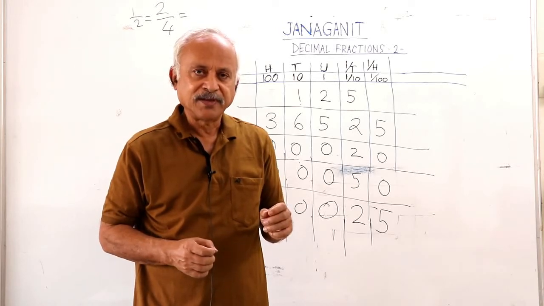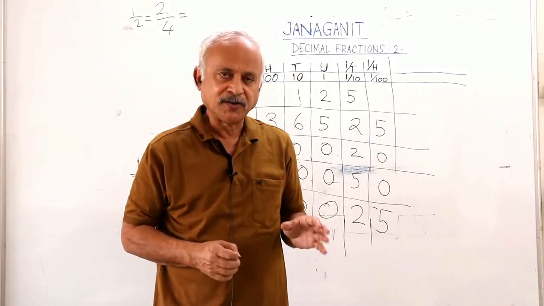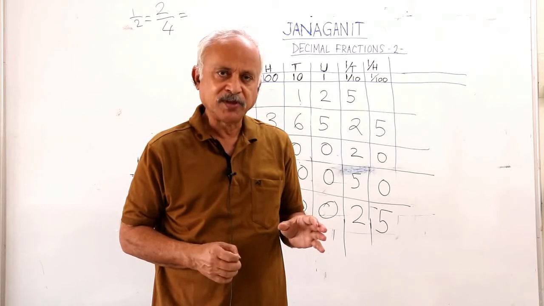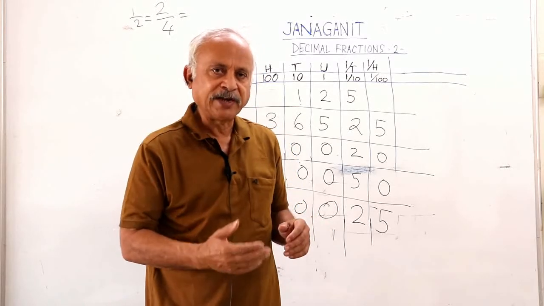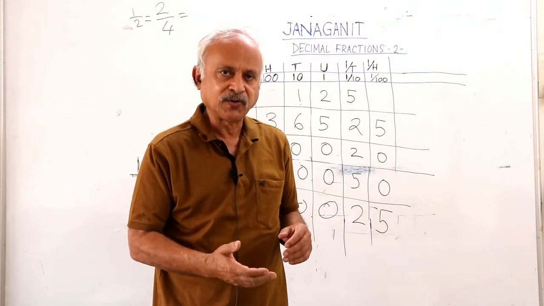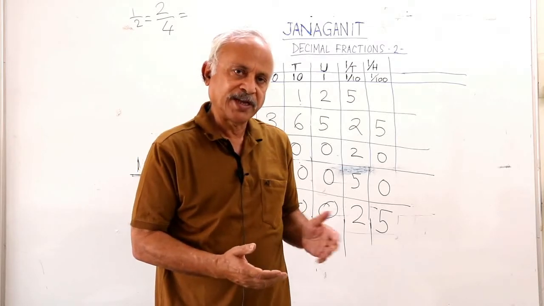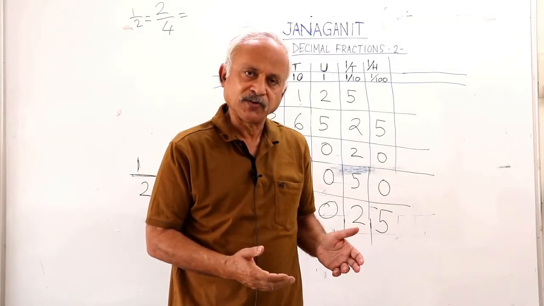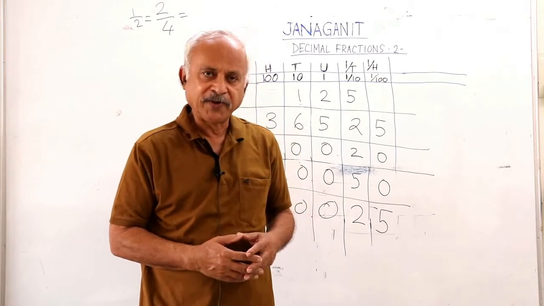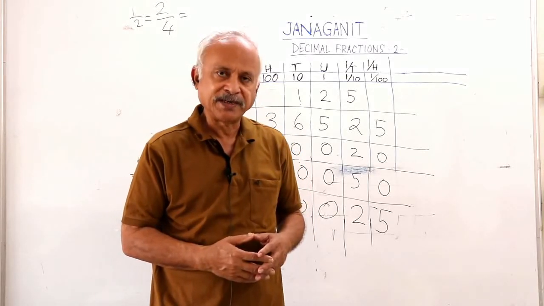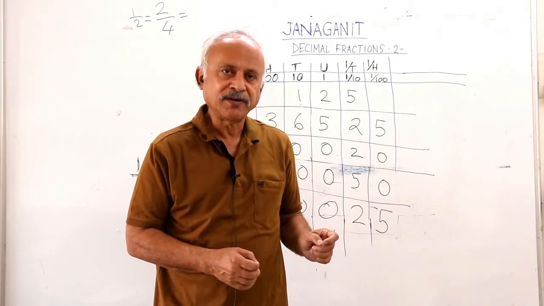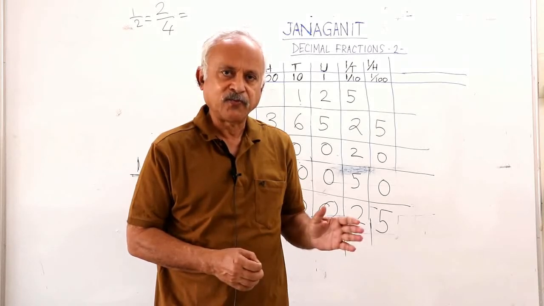And then we introduced the concept of a decimal point, which tells you that to the right of the decimal point is the house of 1 by 10, to the left of the decimal point is the house of ones. So 5 into 1 by 10 means 0.5, 5 1 by 10s.